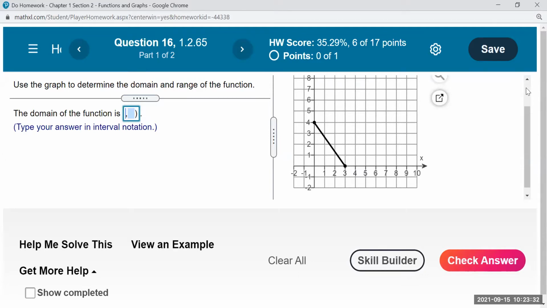So it's got to be brackets. Why does it have to be brackets? Because the circles are closed, right? So it starts at 0 and goes to 3.